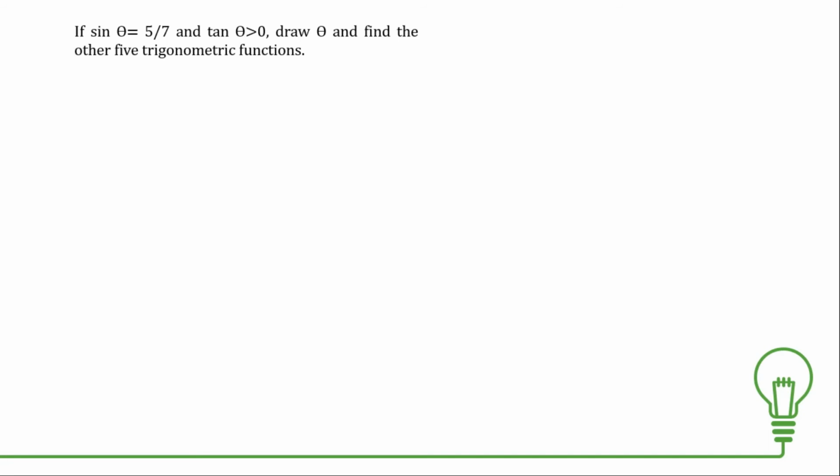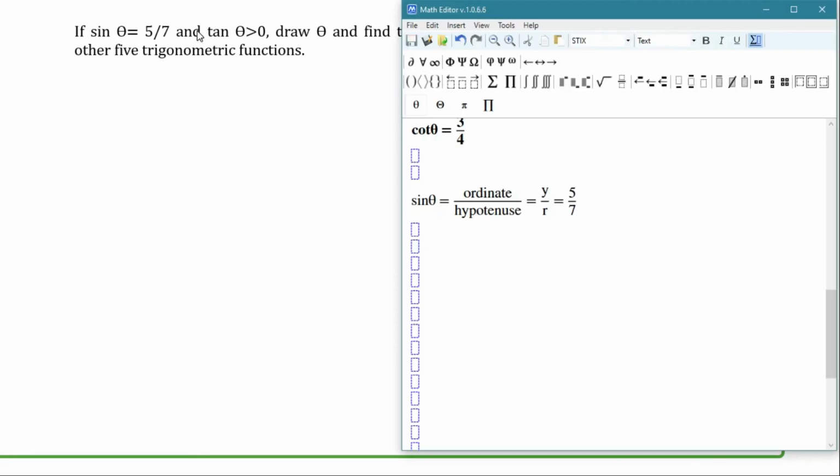Next, let us proceed with the second condition. It says here that tangent theta is greater than 0. So when do we say that a certain number is greater than 0? It is greater than 0 when it is positive.